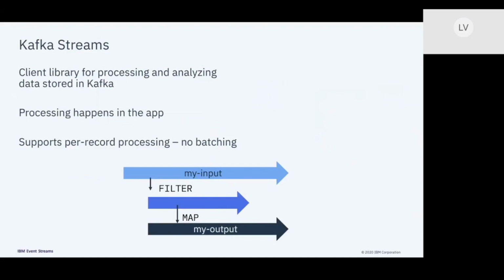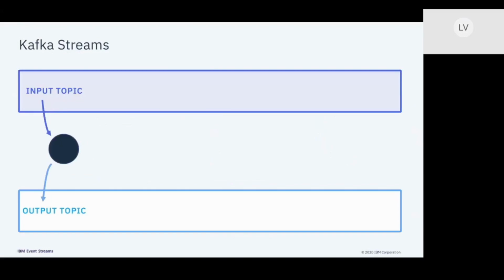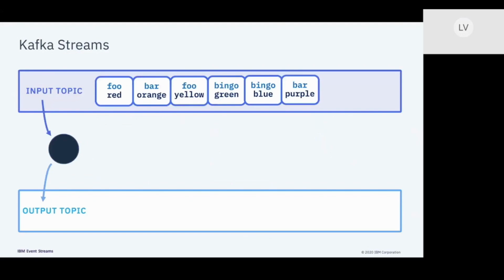Just to give you more insight, let's imagine that you have an input topic, and you will use Kafka Streams for this. You get this kind of message, full of records with a key foo, value red, bar orange, foo yellow, bingo green, bingo blue, bar purple.